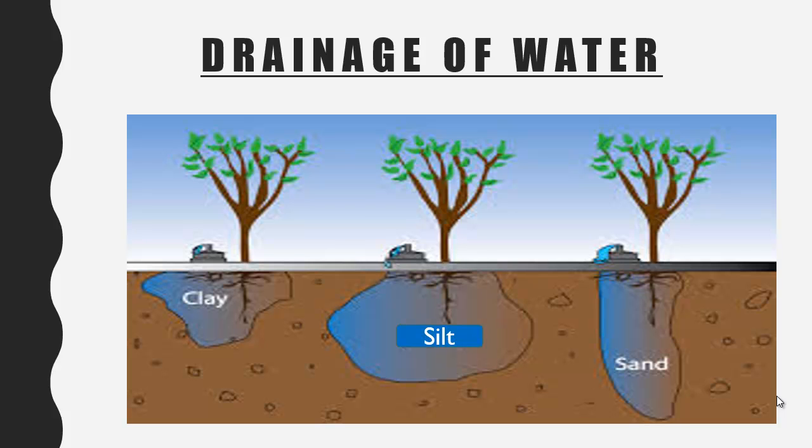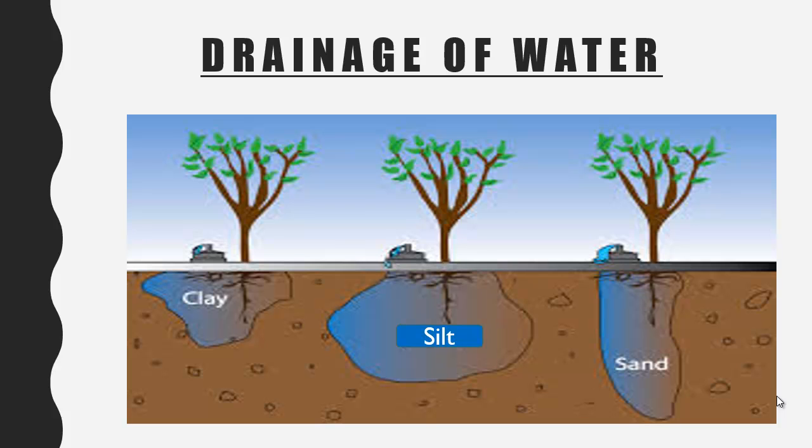Now, what about the water? When we water this soil, the water will move inside it and travel a long or short distance. That depends on the kind of the soil.